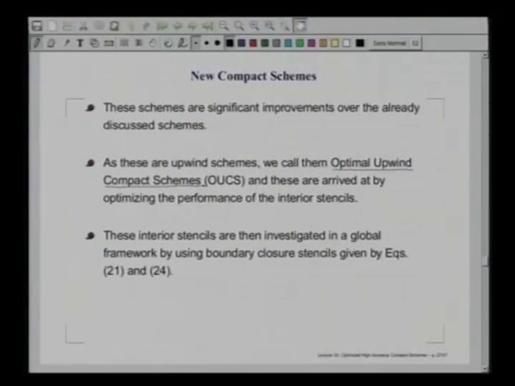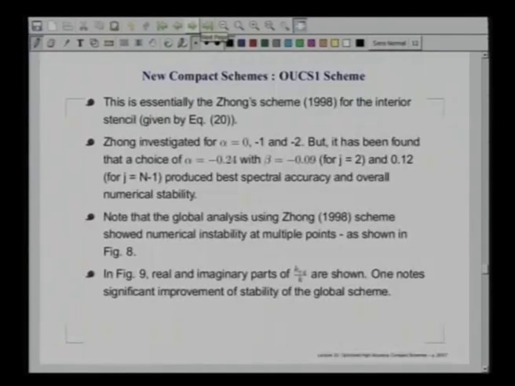Now, what we can do is look at those interior stencils in conjunction with these boundary stencils given by equations 21 to 24 and come out with these new schemes. To do that, we looked first at the Zhang scheme itself, which we have been critical about, and we fixed its problem.